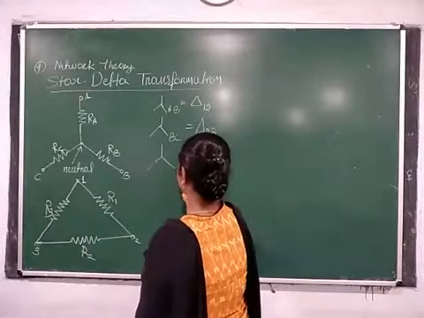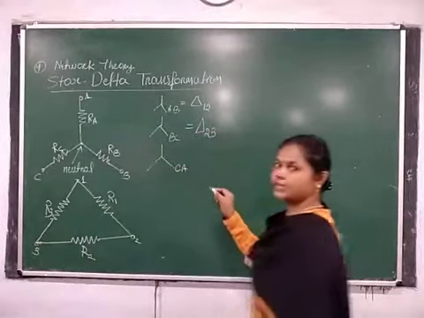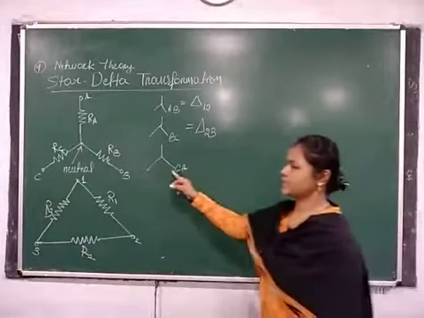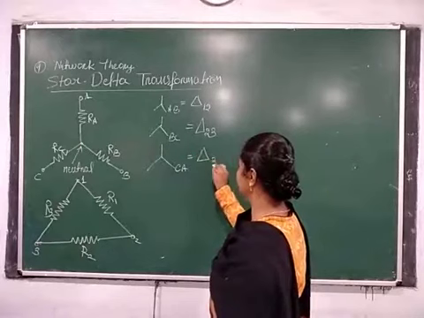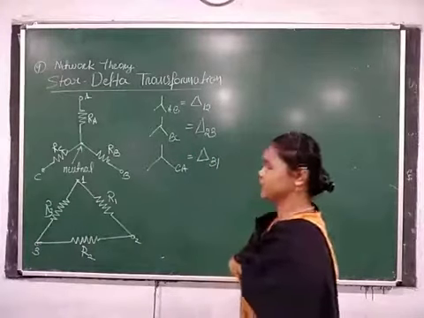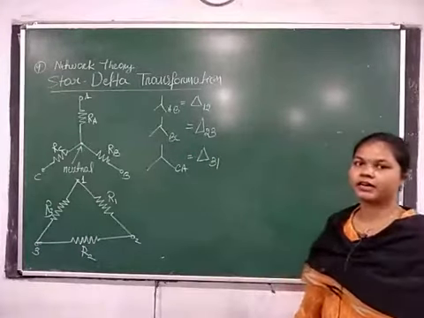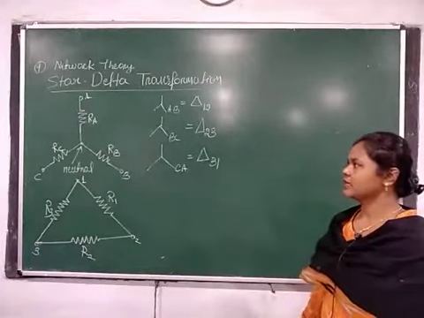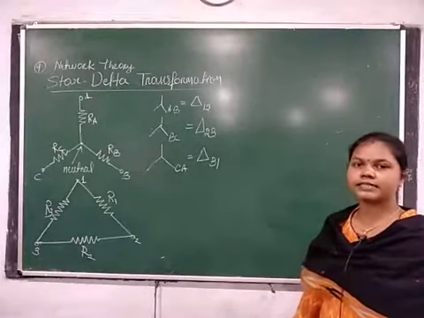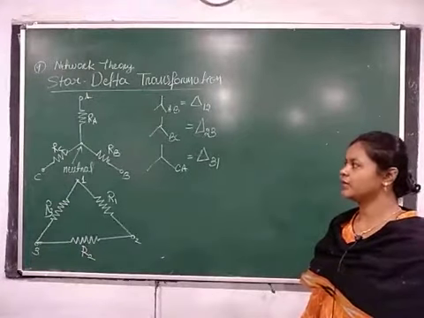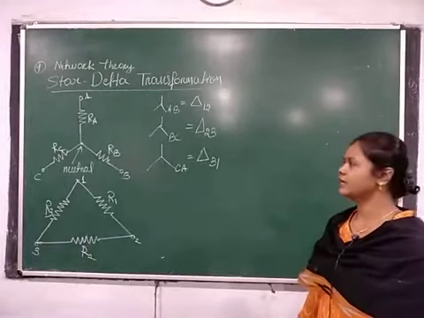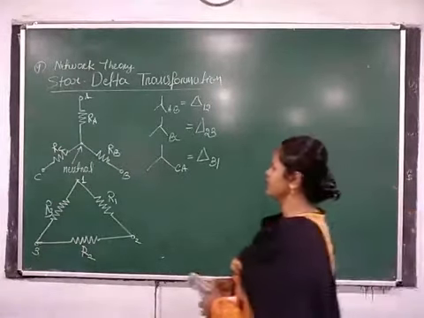Equivalent resistance between terminals C and A in star connection is equal to equivalent resistance between 3 and 1 in delta connection. Clear? Now we find equivalent resistances between two terminals in star and delta connection.